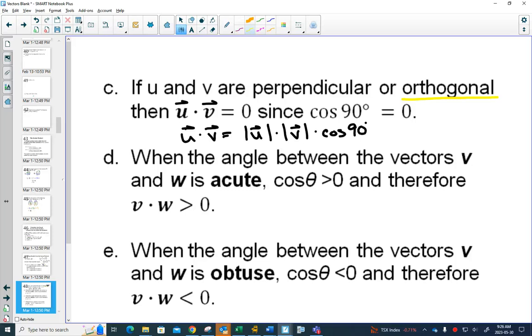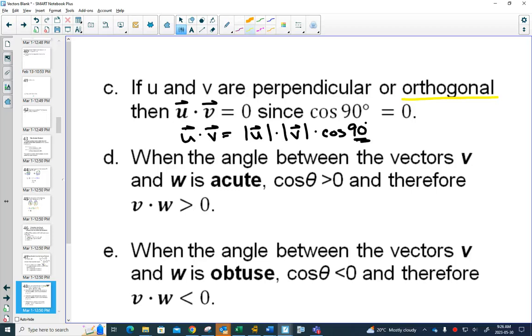The only way that this side can equal 0 is if you have a 90 degree angle there. Because from your unit circle, cos of 90 degrees is 0. So very quickly, you can tell if two vectors are at 90 degrees by just doing their dot product, which again is super simple comparative to what you would have had to do in the past.